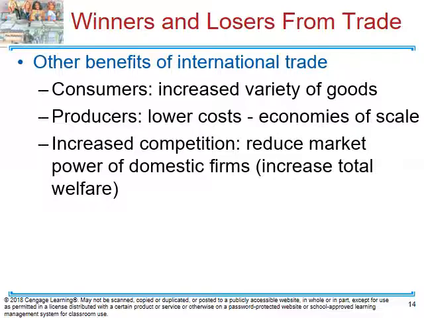They will also, for example, improve the quality of their products. So because there is more competition in the market and domestic firms don't have market power, the total welfare will increase.